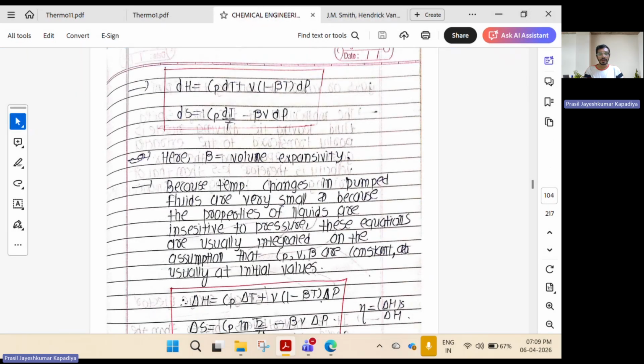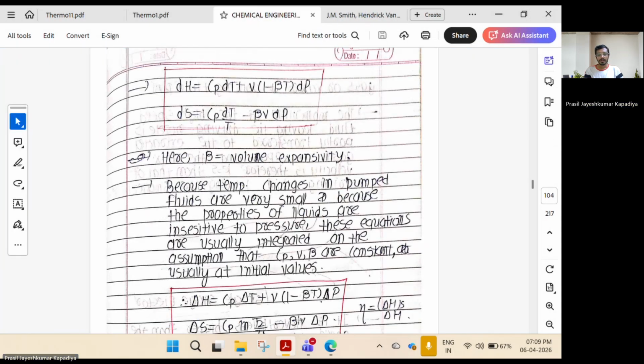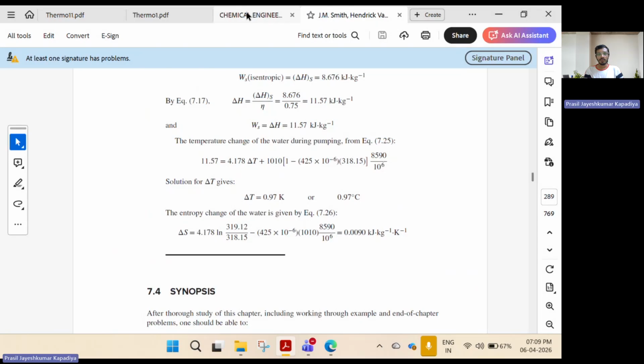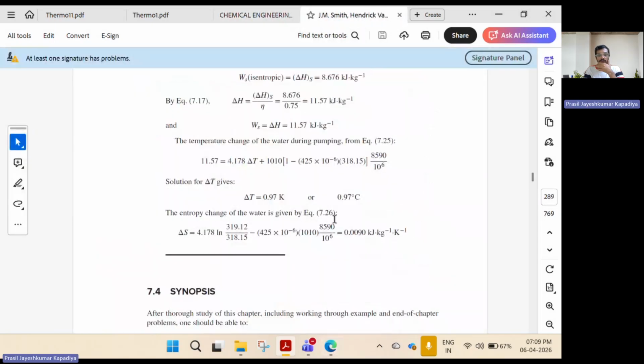So this is ln T2 by T1 minus beta, 425 into 10 to the minus 6, V is 1010 into delta P, 8590 divided by 10 to the 6. So you see that the entropy change is 0.009 kilojoules per kg Kelvin. So that is very less.